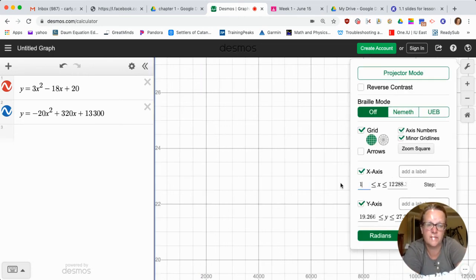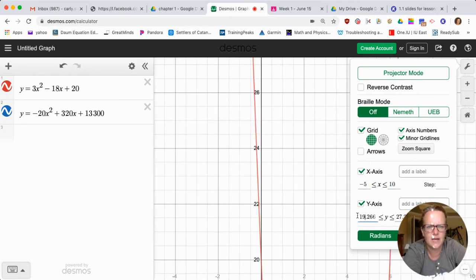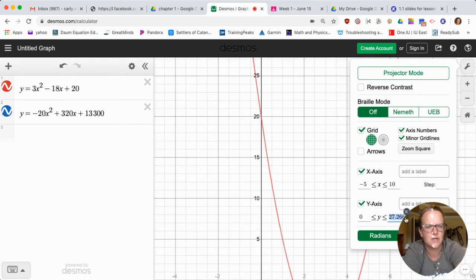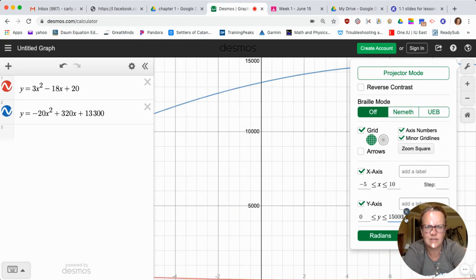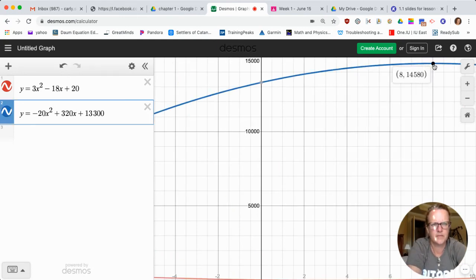You guys have probably already figured this out by now. Let's do negative 5 to 10. And my y-axis, 0 to, there we go. Found it. (8, 14,580).